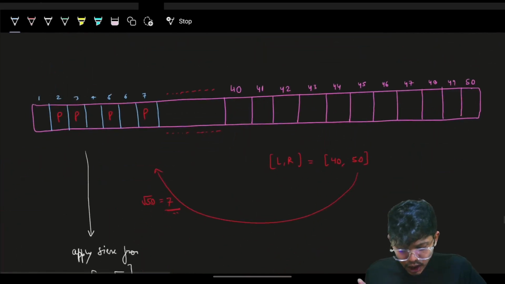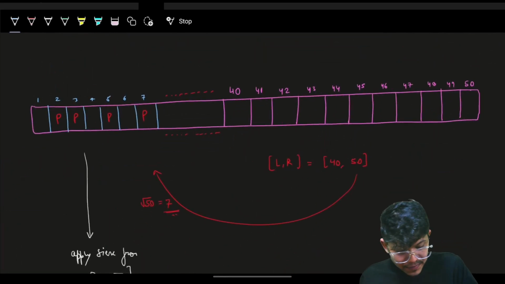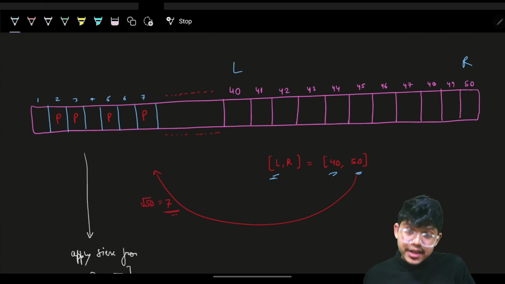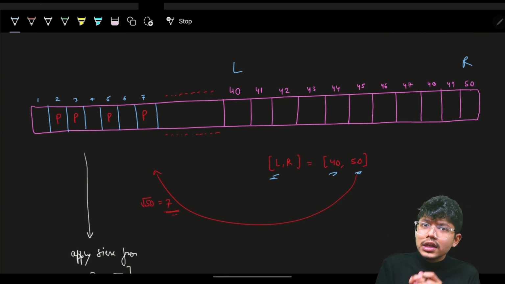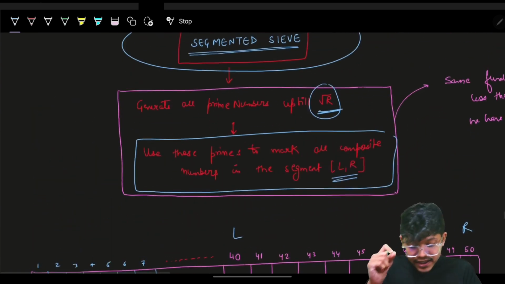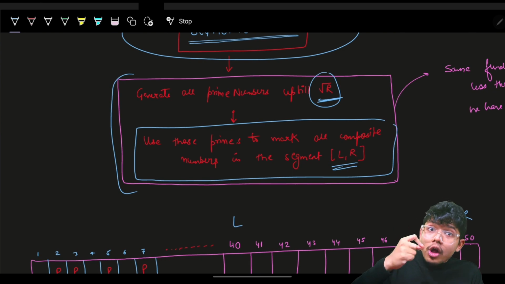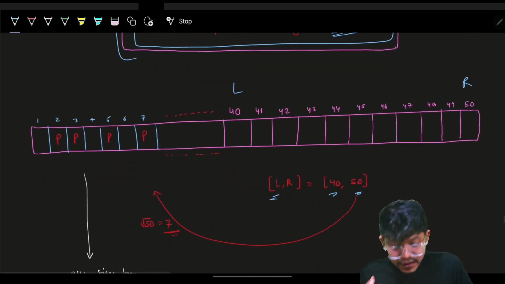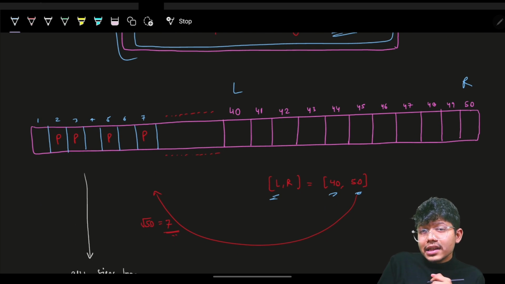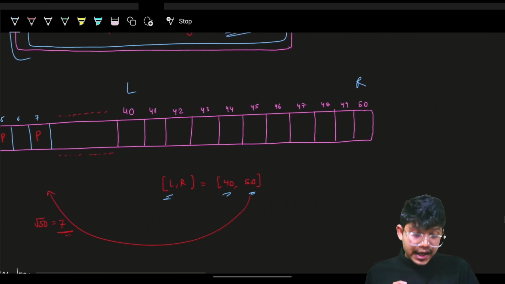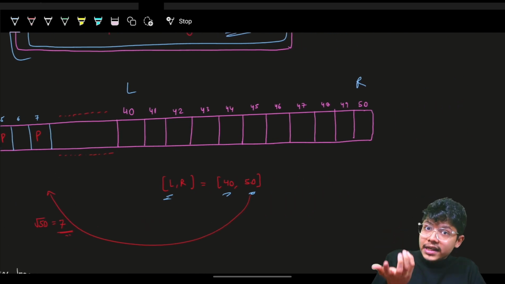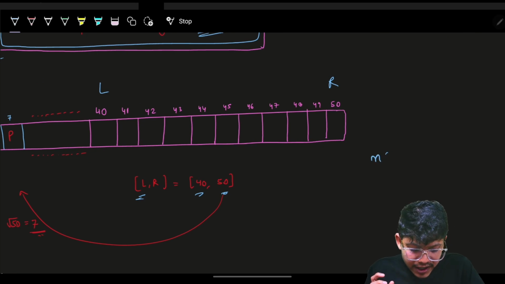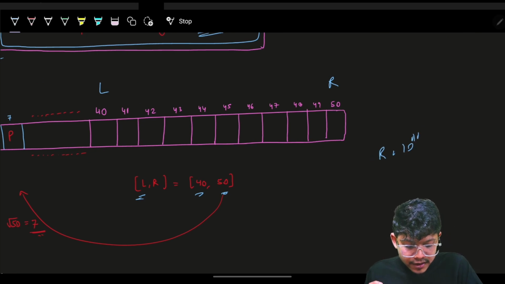Now for a quick example, say I ask you for the range L to R, where L is 40 and R is 50. By this fact, I will generate all the prime numbers less than my root R. My number n can be very high, but let's imagine your R is 1e15.